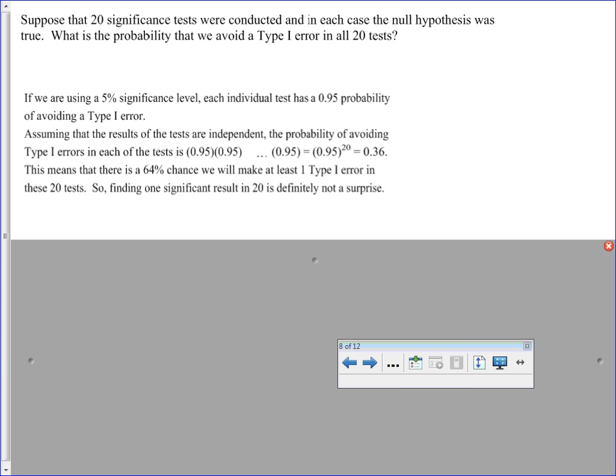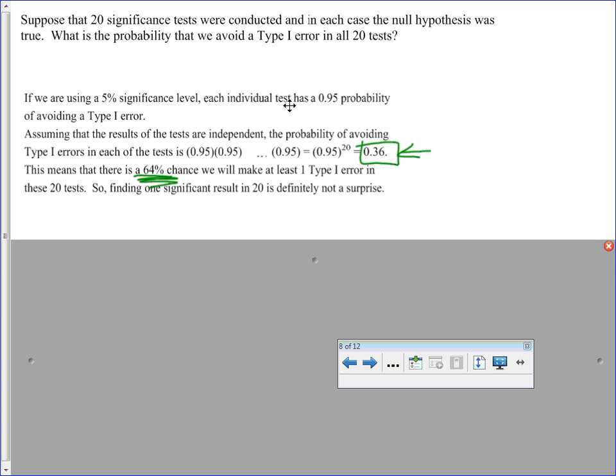And so the probability of not having a type 1 error in all 20 tests is 0.95 to the 20th power. So there's a 0.36 chance that we never make a type 1 error, which means there's a 64% chance that we will make at least one type 1 error in those 20 tests.